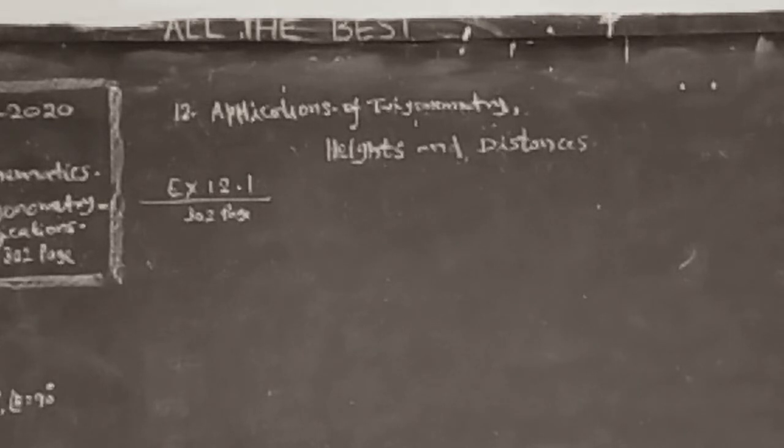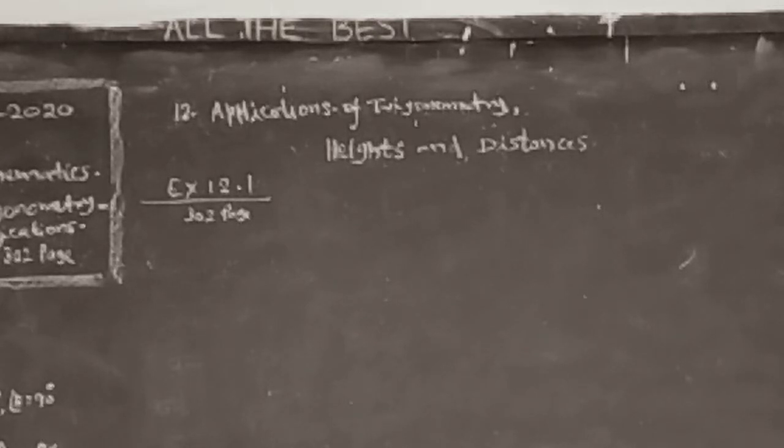So tan 45 is equal to the opposite side of theta by the adjacent side of theta, that is BC by AB. From the table in previous classes, we learned the value of tan 45 is 1. The opposite side BC we don't know, and AB is 15.